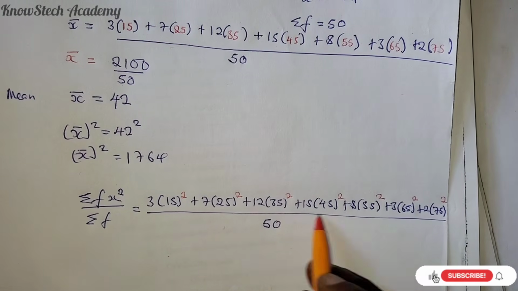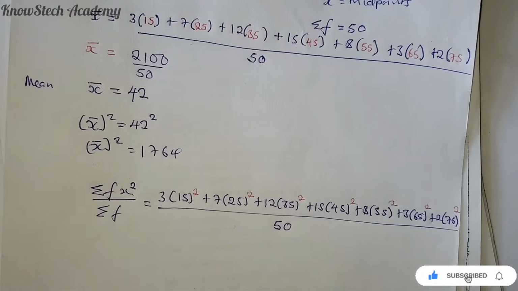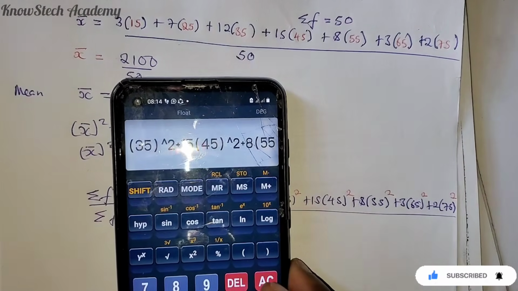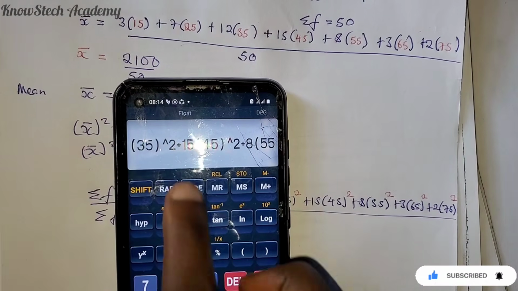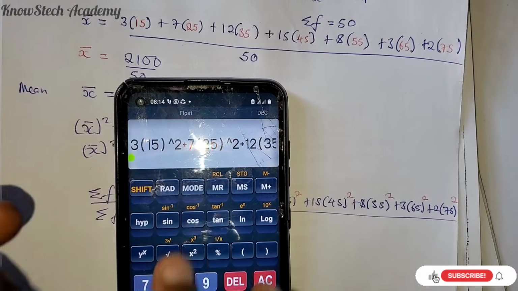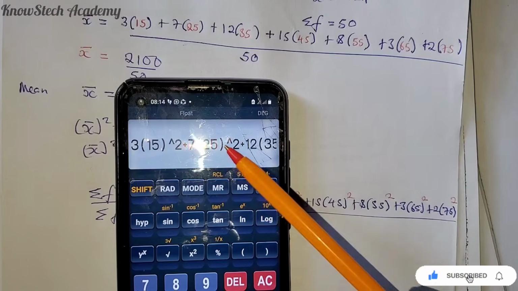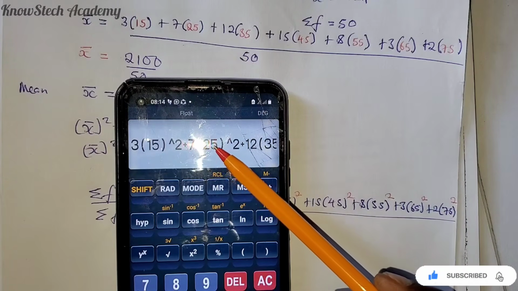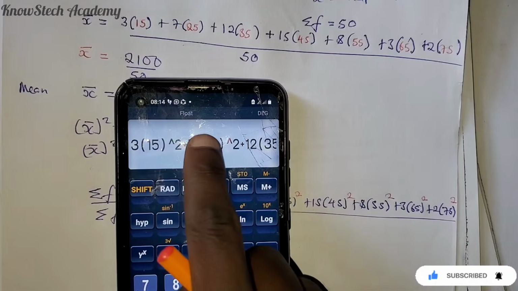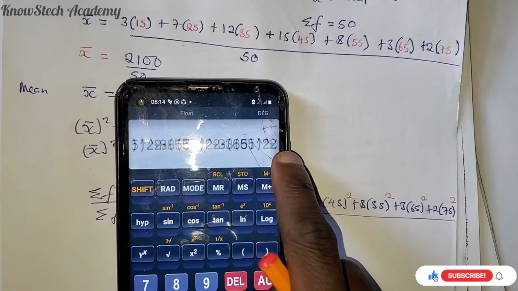Then let's put everything in the calculator. Okay, so on the calculator, it will look like this. What is the first number here? You can see this is 315 to the power 2 plus 725 to the power 2 plus 1235 to the power 2, and so on.